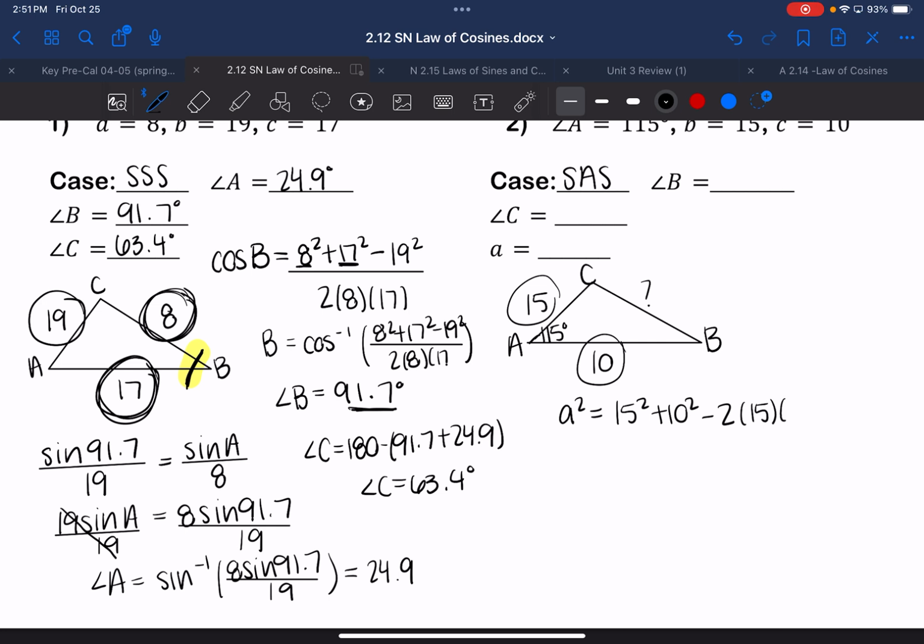So 2 times 15 times 10, followed by cosine of our angle. And what was our angle? 115. But I'm not looking for A squared, I'm looking for A, right? So how would I get rid of a square? Take the square root. So I'm just going to type all that in my calculator under a square root.